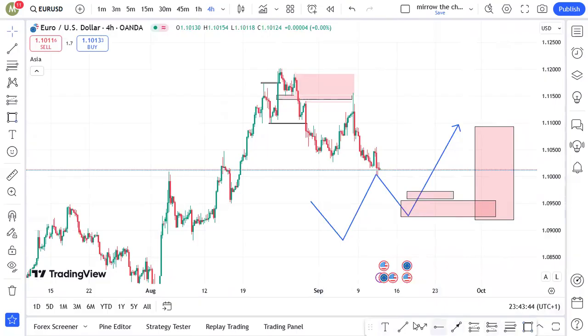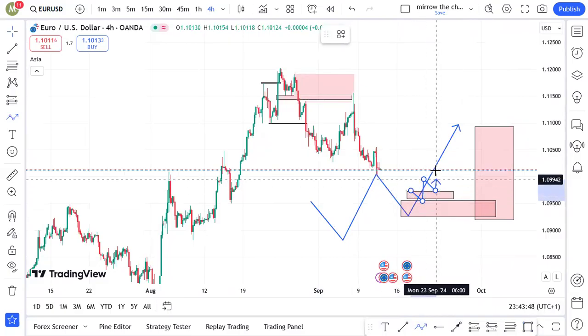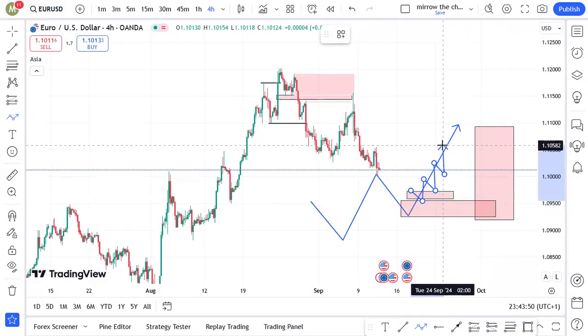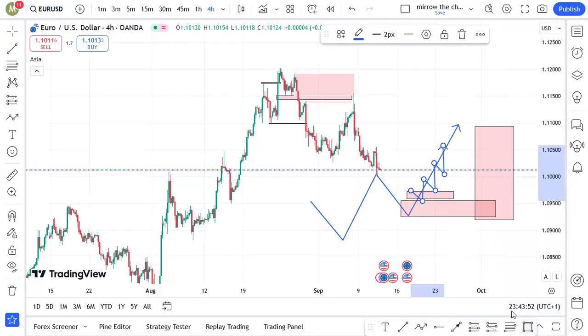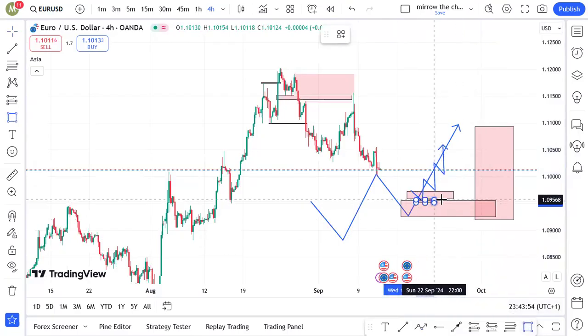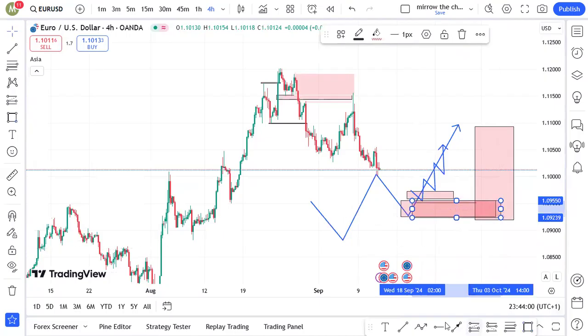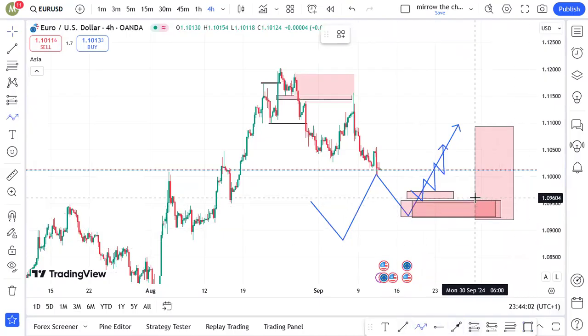You will see all those small price movements on the lower time frame. You see that price will come and grab their low before touching your POI, and then give you what?